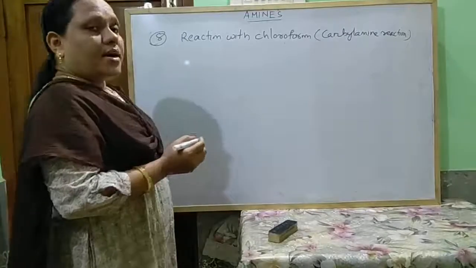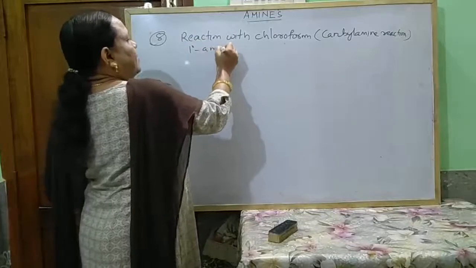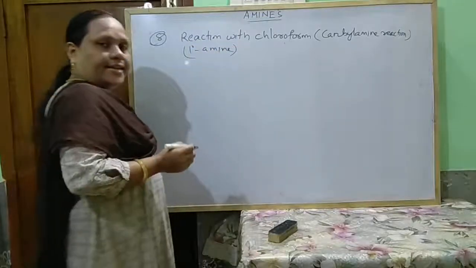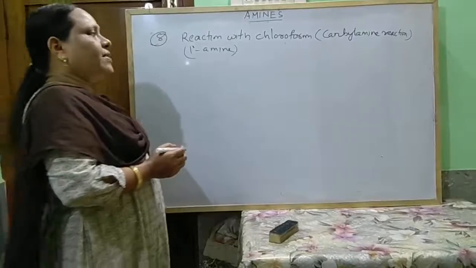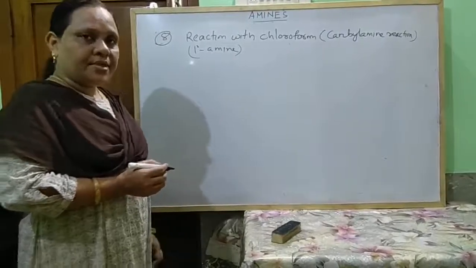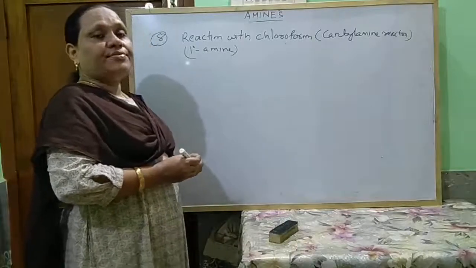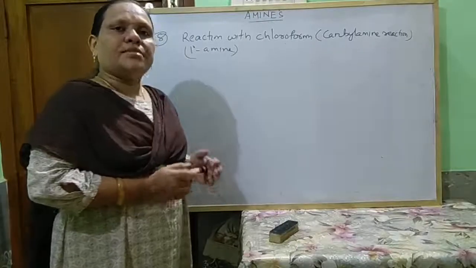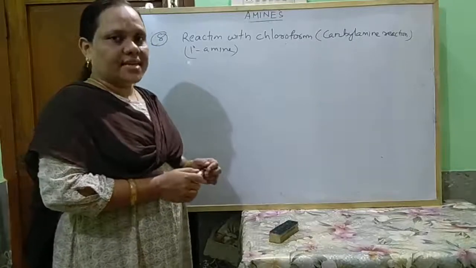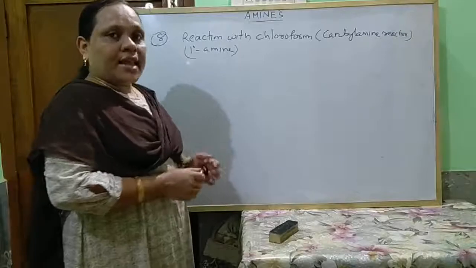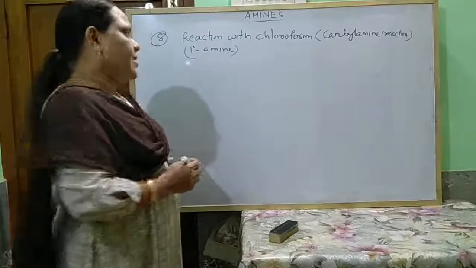So this is only given by primary amine, whether aliphatic or aromatic. The primary amines, aliphatic or aromatic primary amines, react with chloroform in presence of alcoholic potassium hydroxide to form alkyl isocyanide or carbylamine. This reaction is known as carbylamine reaction.